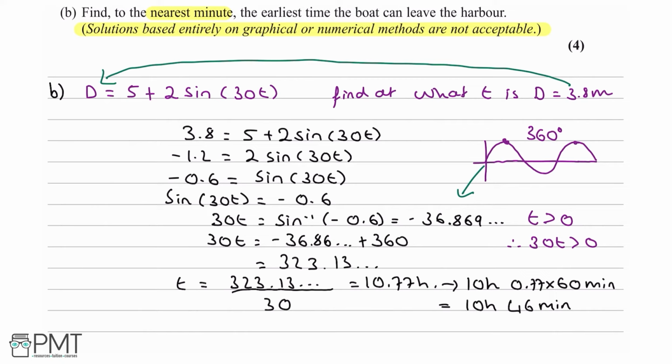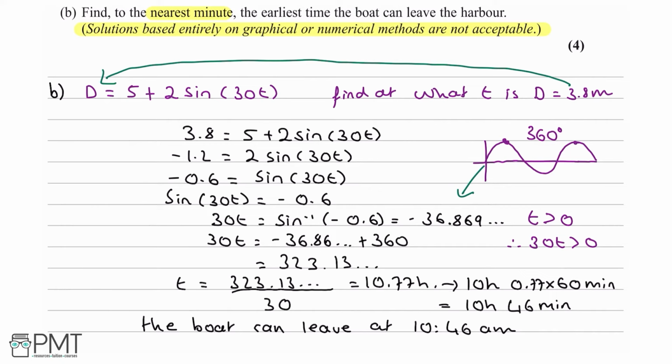So we say the boat can leave at 10:46 a.m. Now, an important point to note here is technically at 10:46 the depth isn't exactly 3.8. It's still not there yet, but the question asked us to round it to the nearest minute.